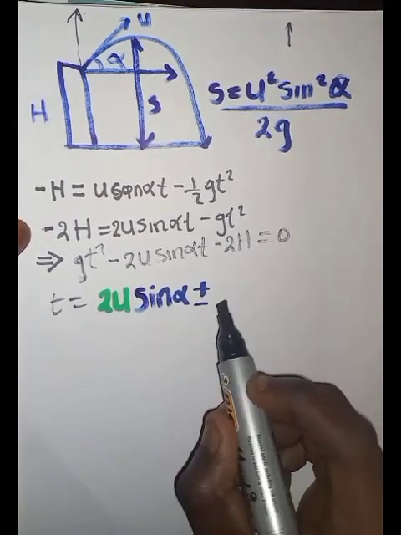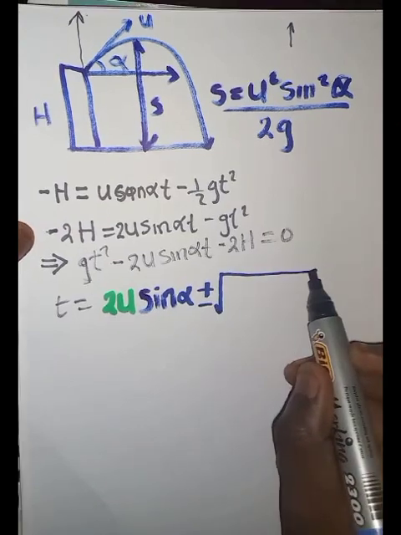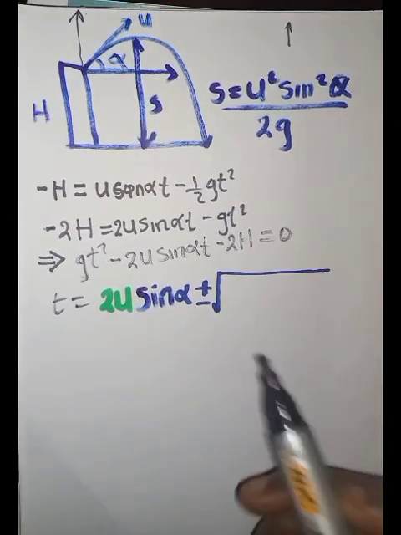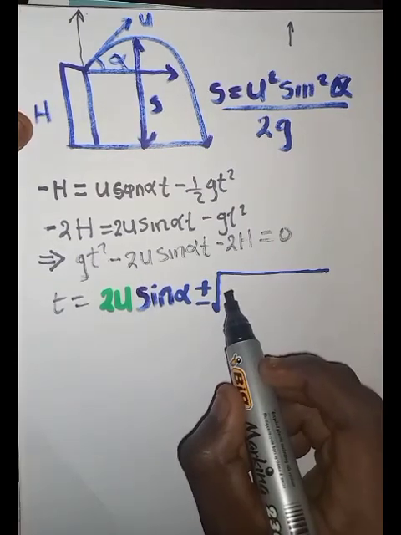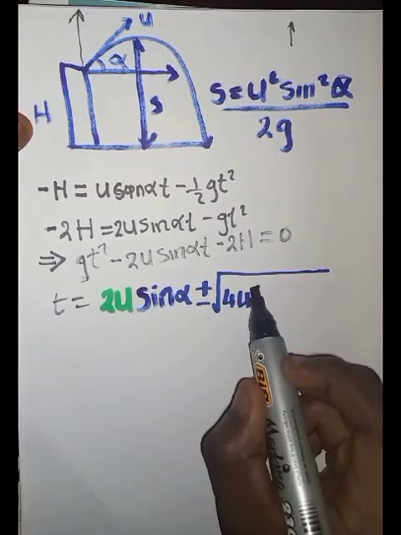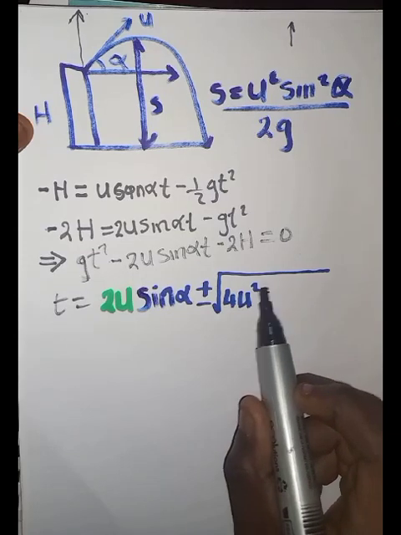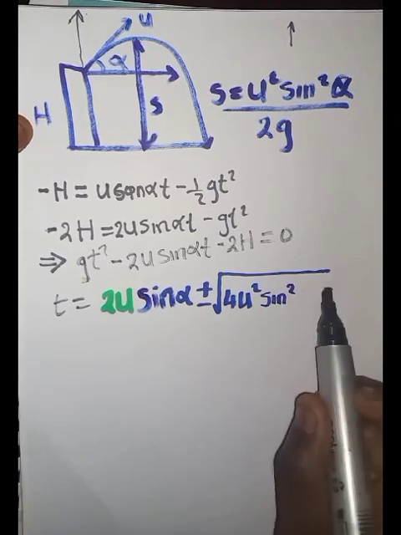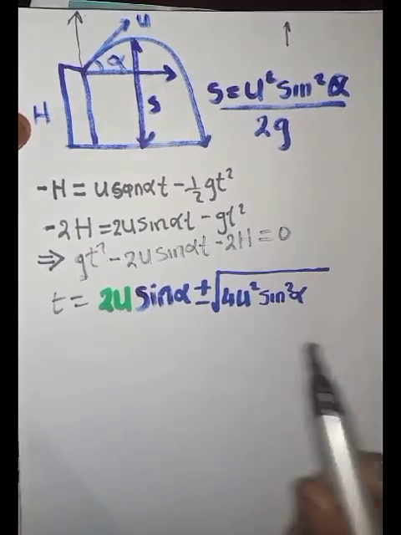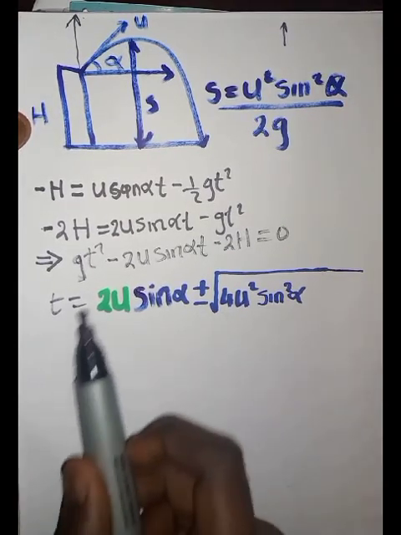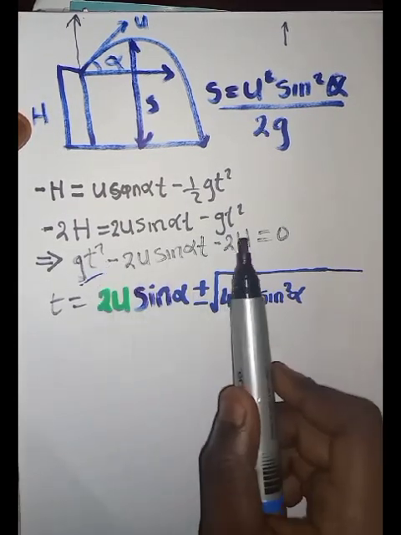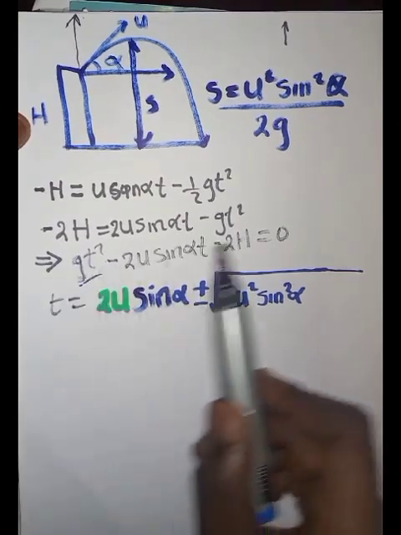Plus or minus the square root of, now let's do this in our head, u squared, which is what? 4, right? Which is going to be 4u squared sine squared alpha minus 4ac, which is 4 times g times minus 2h.